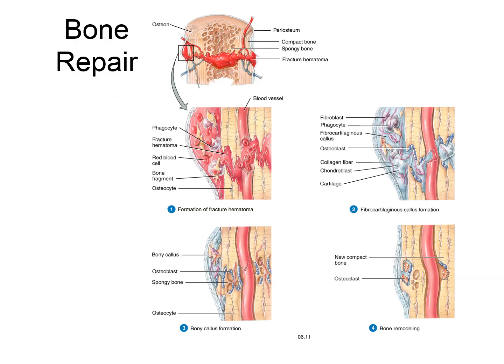Like other living tissues, if bone gets damaged, it undergoes repair, and the repair process is composed of four processes. Number one is formation of fracture hematoma.